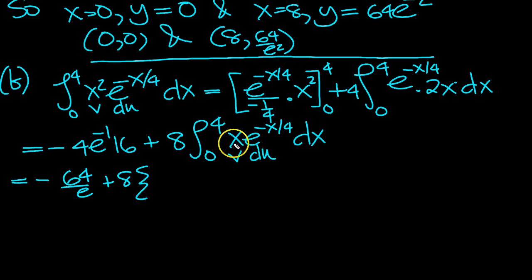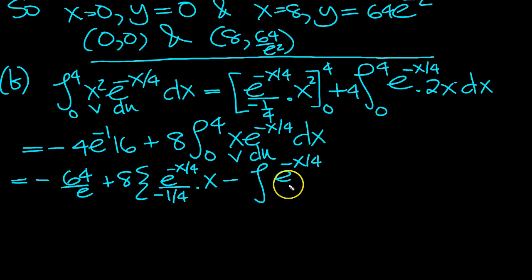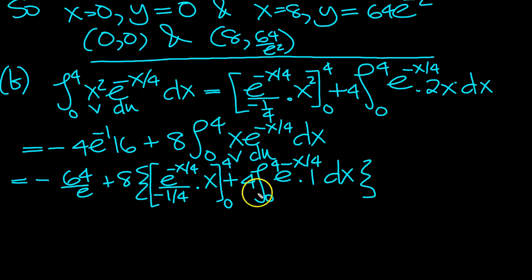So it'll be uv. So again it's e to the minus x over 4 over minus 1/4 times v minus the integral of u, e to the minus x over 4, over the minus quarter, which we can write as plus 4 as before. That's u times the v, which is 1 dx between 0 and 4. Close brace. This was now between 0 and 4. It's a definite integral, isn't it?